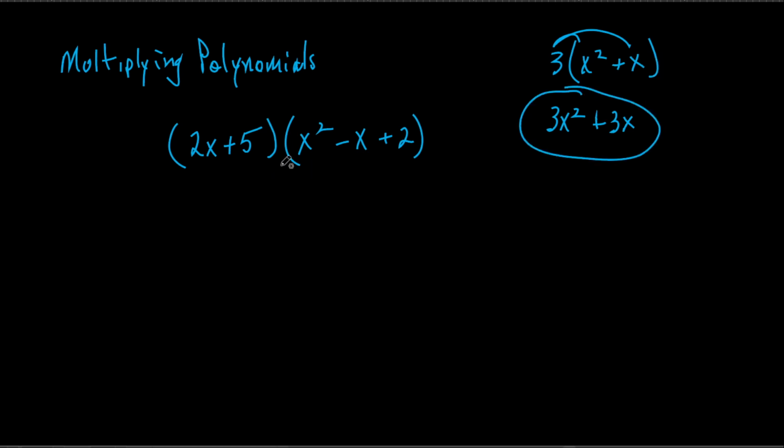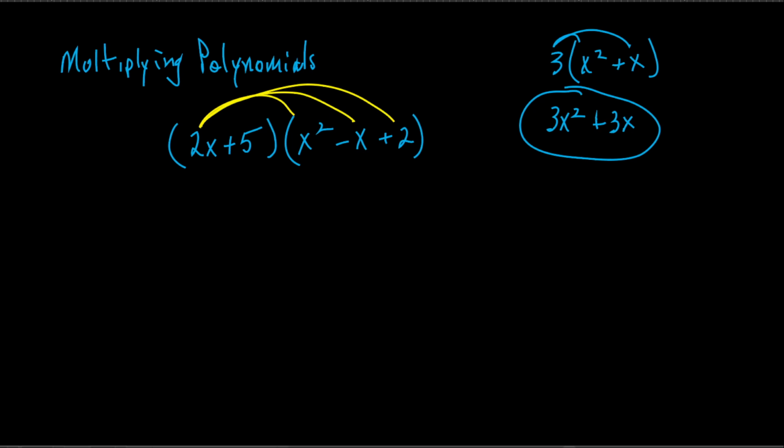This is kind of the same thing. Let's change it. Except you have 2 things over here being multiplied by 3 things over here. What you're going to do is take the first term and multiply it through everything in the second parentheses.